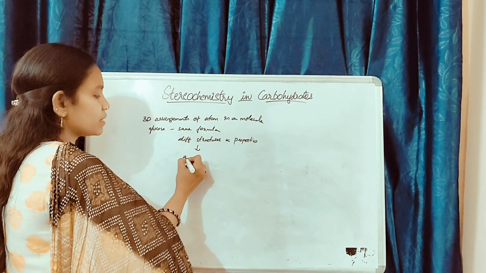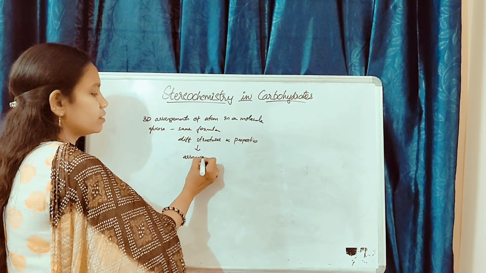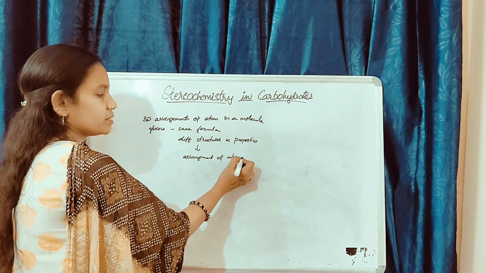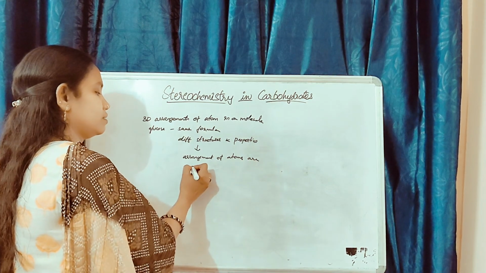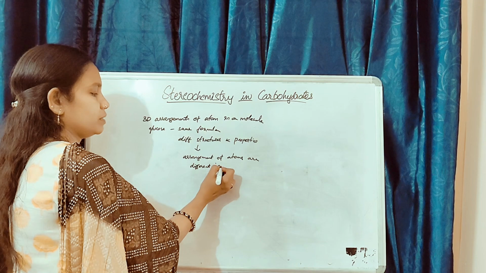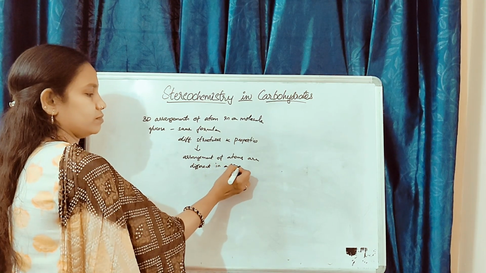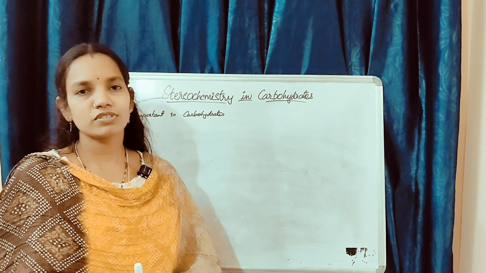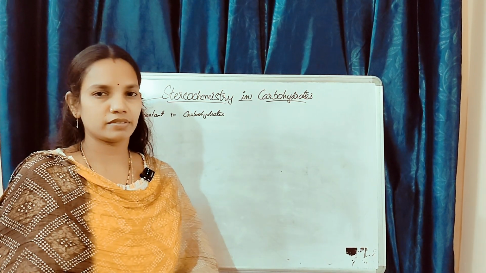Simply because the arrangement of atoms are different in a space. Is it clear? Now let's see why stereochemistry is important in carbohydrates, right?